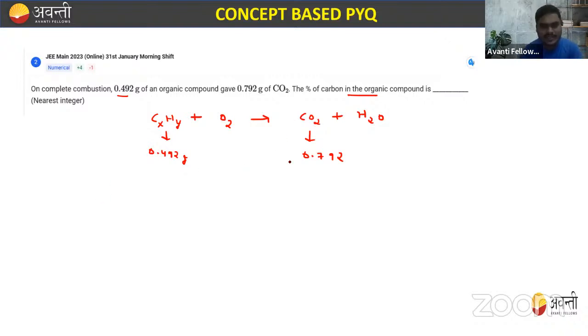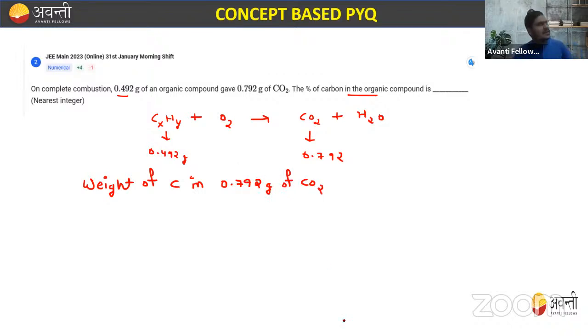So फटाफट पहले तो हम ये देखते हैं CO2 तो दे रखा है, so we can say that weight of carbon in 0.792 gram of CO2, right? So कैसे calculate होगा ये?